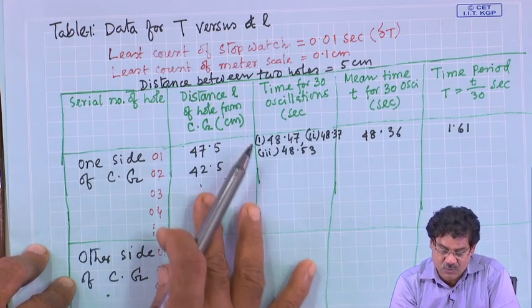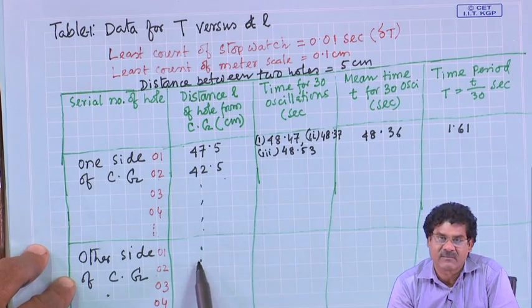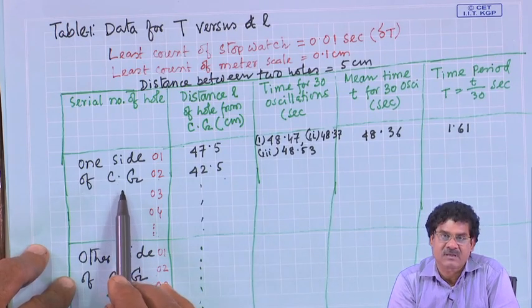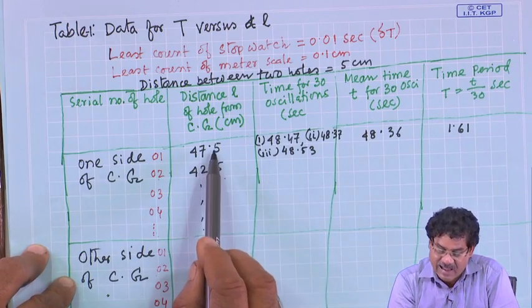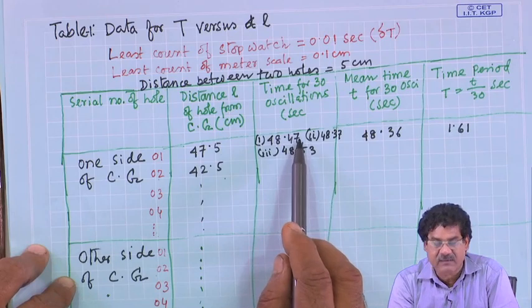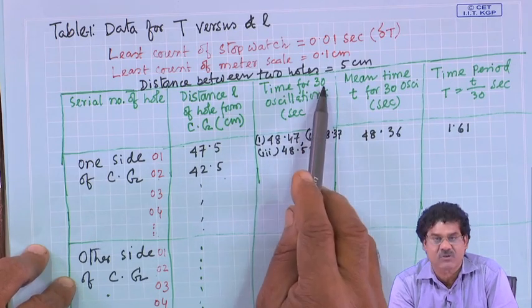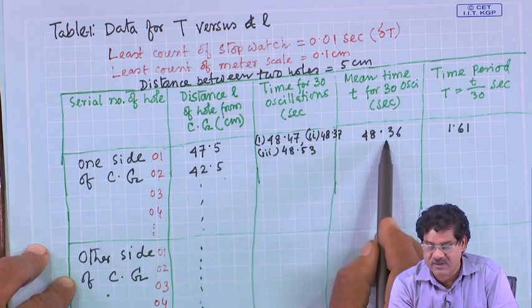Okay. So, you should note down, varying the distance of the point of suspension from the center of gravity, from one side and from the other side. For each length L, find the time for, say, 30 oscillations. Okay. Do this 3 times and then take the average.